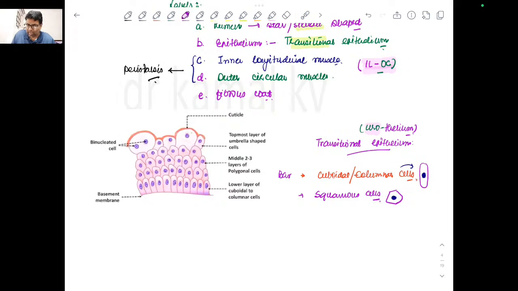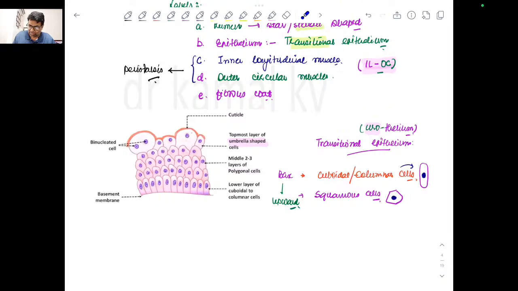At the base we are having cuboidal or columnar cells, and as we go upward we can see the squamous cells. But there is a characteristic word which is to be used for urothelium, and that is umbrella shaped cells. Clear? So the moment you have this word umbrella shaped cells, think of urothelium or transitional epithelium.